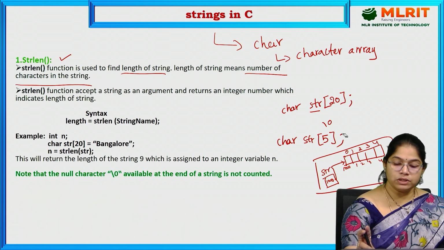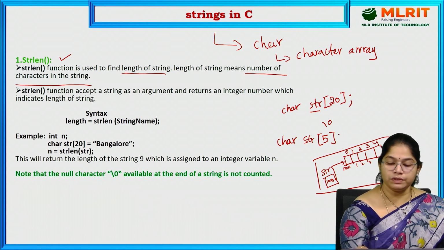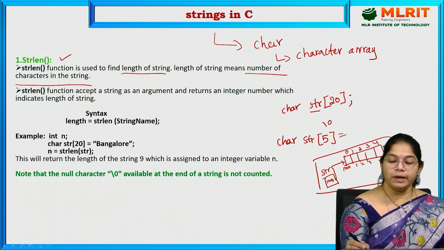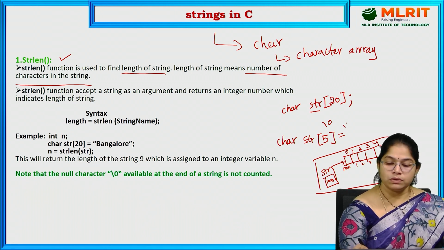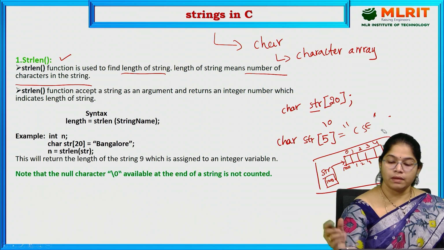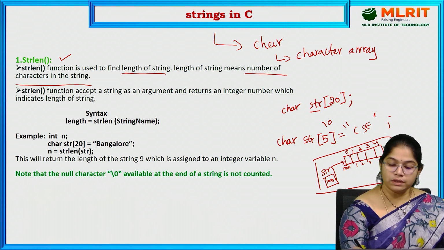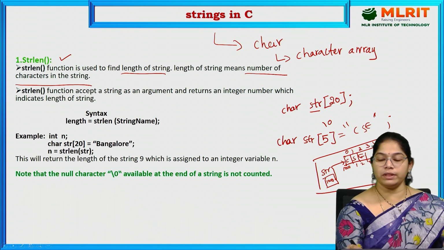Here I am initializing the value of the string with compile time initialization, which means we provide the values in the source code. I am giving CSE, so it stores CSE. A string always ends with a null character.